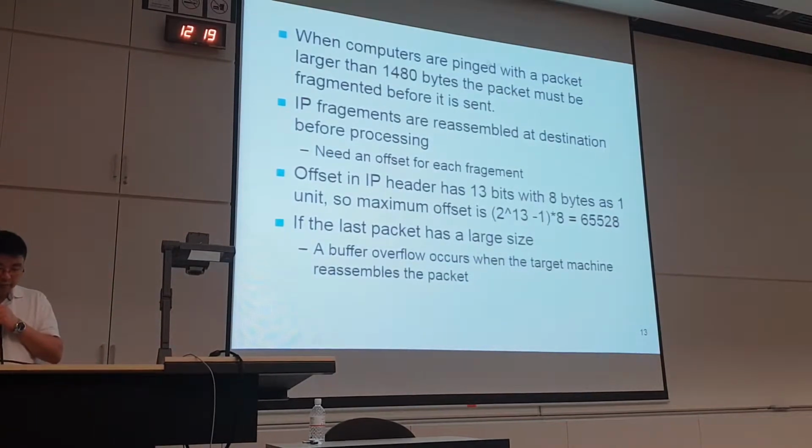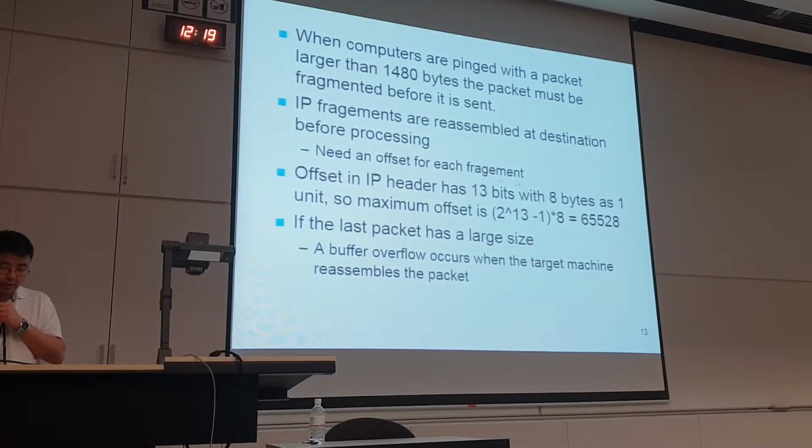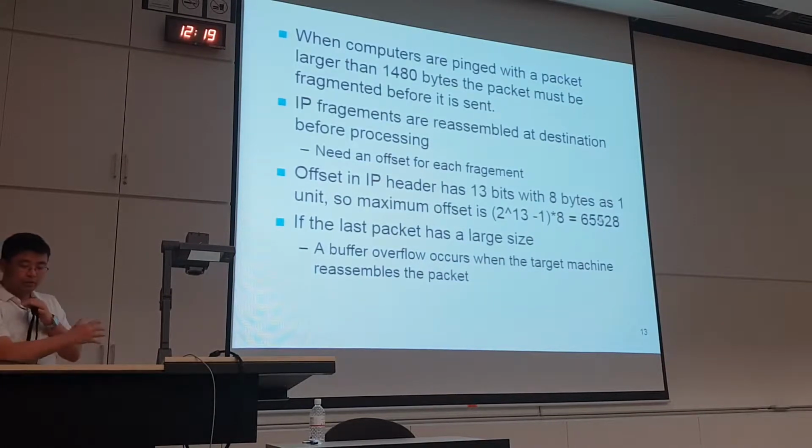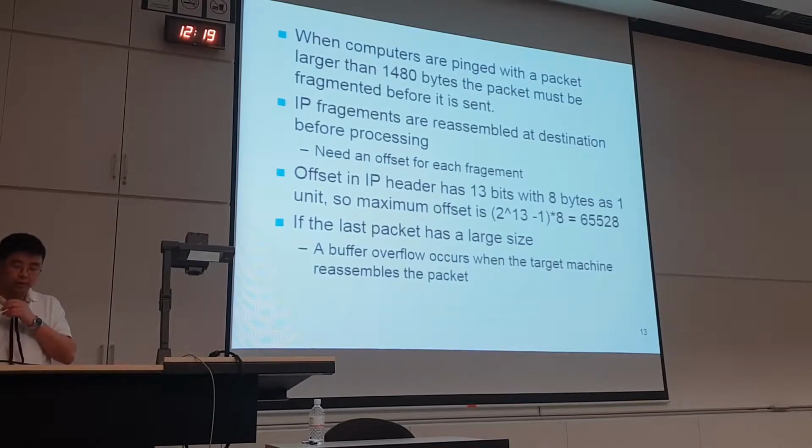Using this 30-bit field to represent the offset, the maximum offset is this one. That means the last small packet delivered can start with this offset. All the previous small packets, if you sum up their size, can go up to this size, and then the last packet will start from this position.